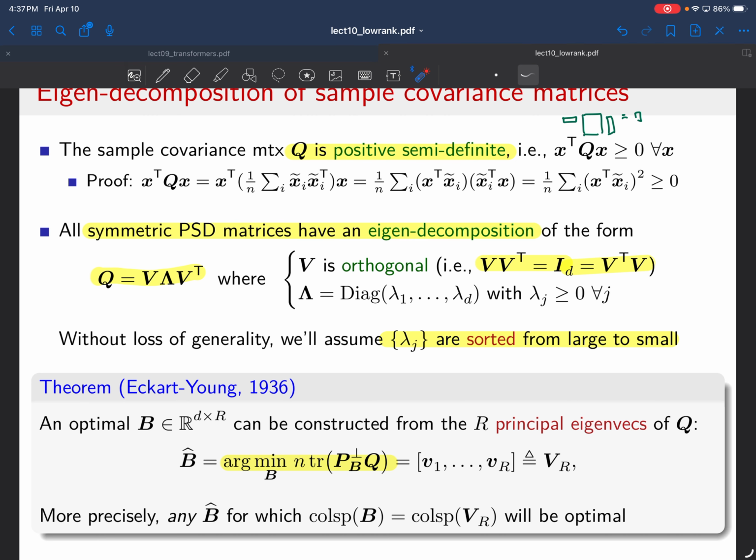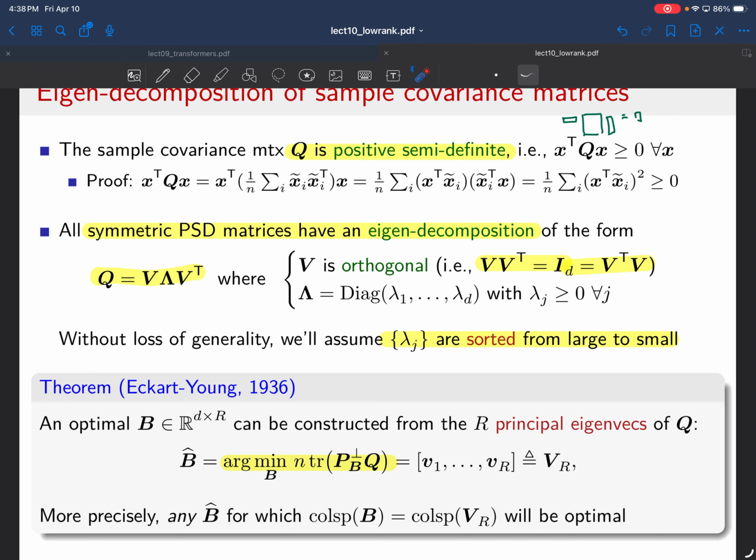And actually, it's a bit more general than this. You could, for example, shuffle the columns around. That would also work. You could even scale these. You could do linear combinations of them.